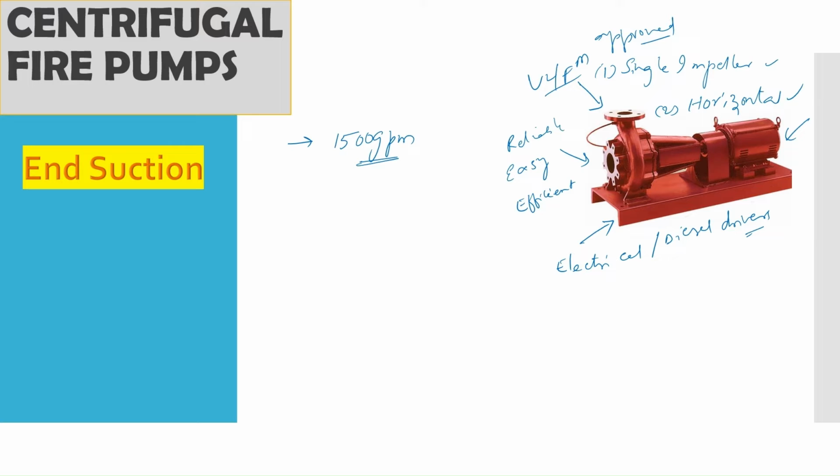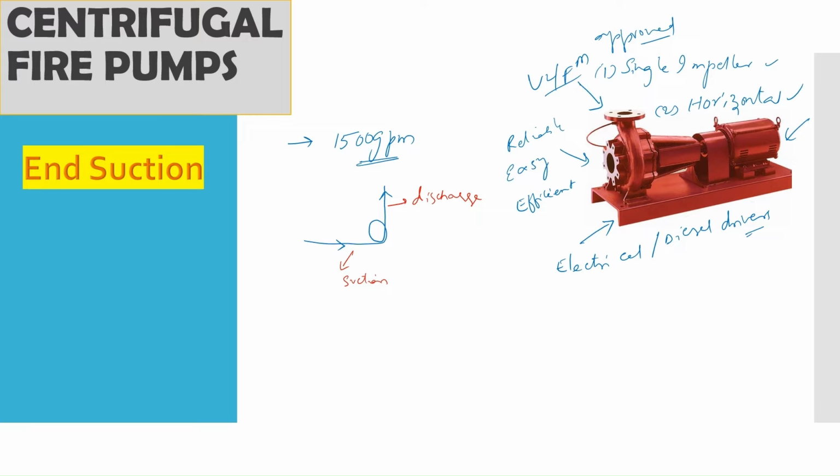So the orientation of these fire pumps, I will draw it here. For example, it will be in this way. So here I will take one more color. This is the suction, this is the discharge outlet we can call.